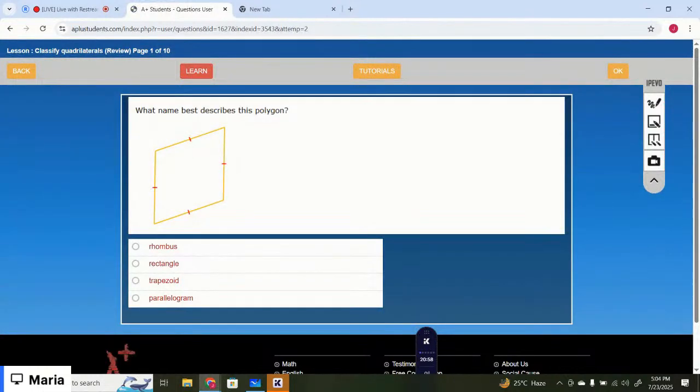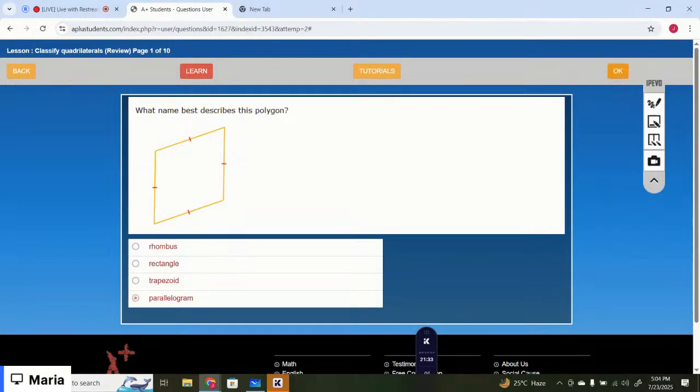What name best describes this polygon? Rhombus, rectangle, trapezoid, parallelogram. That is a parallelogram.